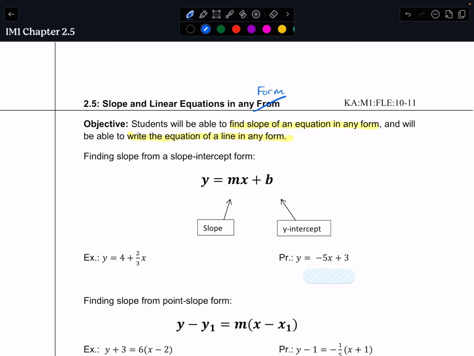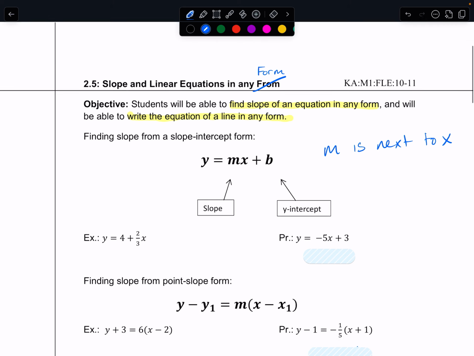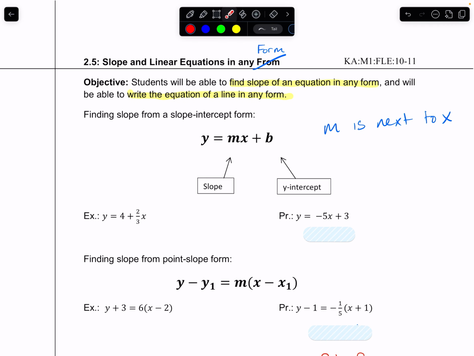Remember that the m value, the slope, is going to be next to the x. Slope tends to be attached to the x variable. You'll also see that same m, that slope, in point-slope form. It's attached to the parentheses with x in it.